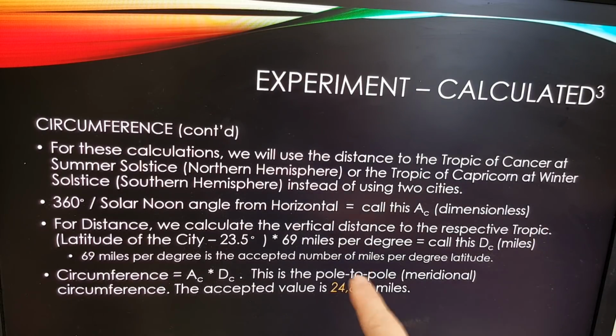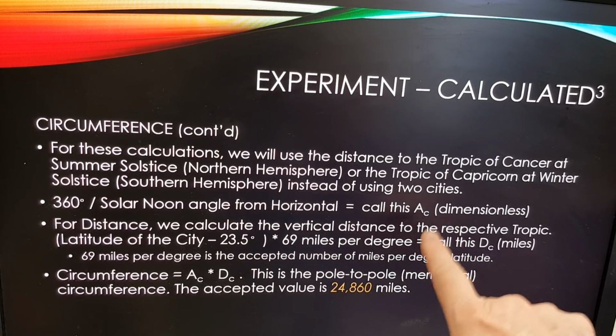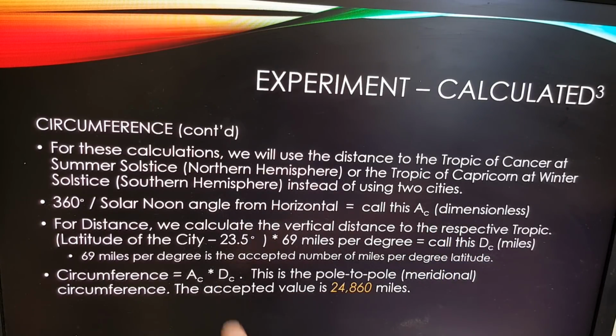So then we get down to calculating the circumference. It's very simple now. We just take A sub C and multiply times D sub C. This is the pole-to-pole, this way, circumference, also called the meridional circumference.